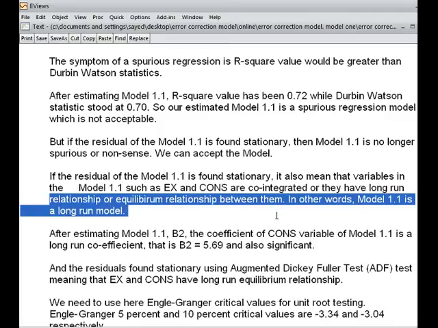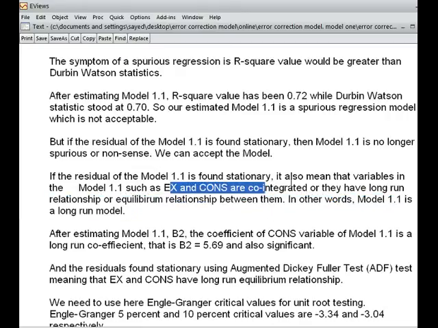So here what is happening? If the residual is stationary, then what will happen? The estimated model 1.1 is no longer spurious. We can accept the model. And secondly, if the residual is stationary, then the variables of the model 1.1 are cointegrated, right?